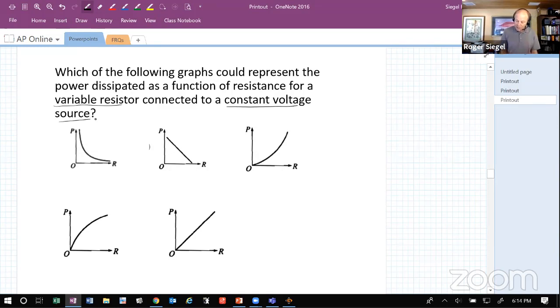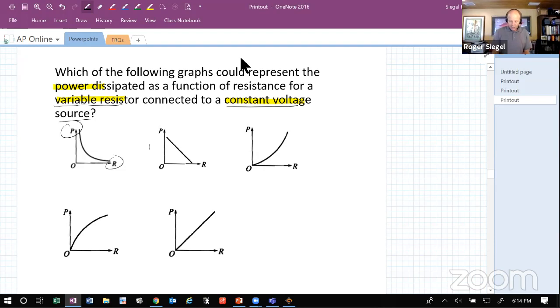All right, so let's see what we're actually asked to relate here. We can relate to power, and we've got a variable resistor and a constant voltage. Well, here we go. We're going back to math class here. We want a function, power on the y-axis and resistance on the x-axis.